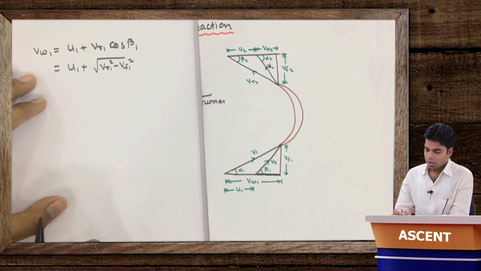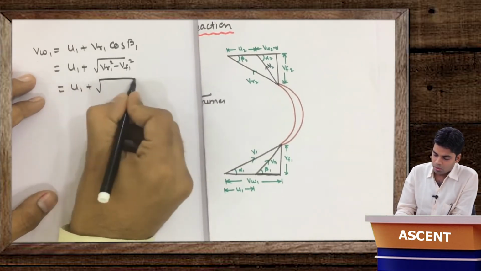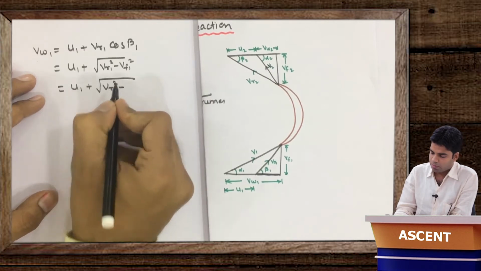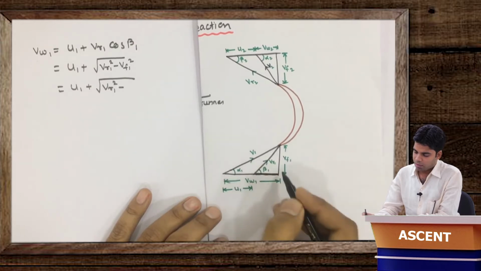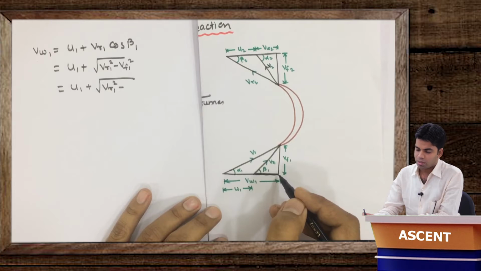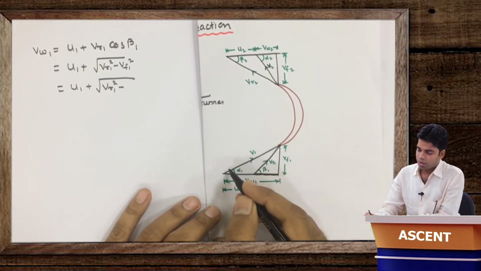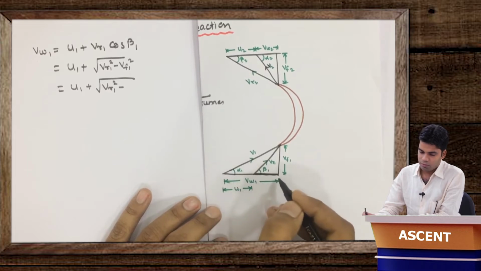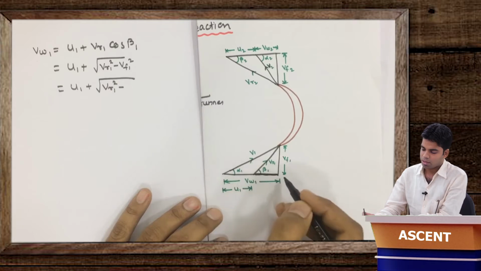Getting this or not? Okay, now further this will be U1 plus the square root of VR1 square minus VF1 square. Initially we applied Pythagoras on this small triangle, now we are applying it on the big triangle, and this VF1 square can be written as V1 square minus VW1 square, hypotenuse square minus base square.